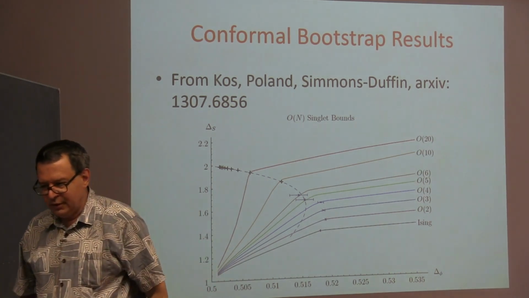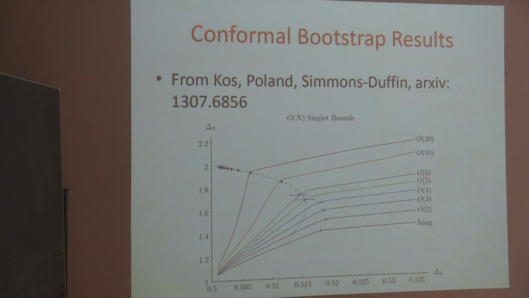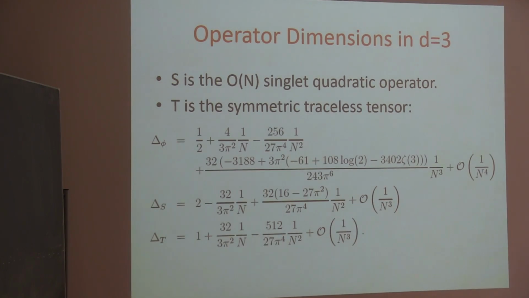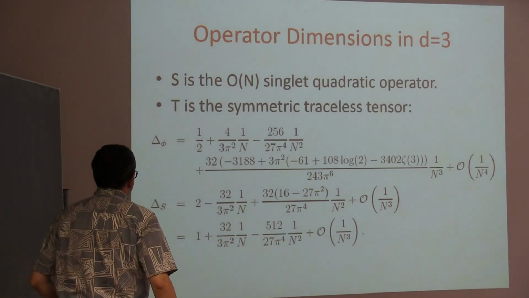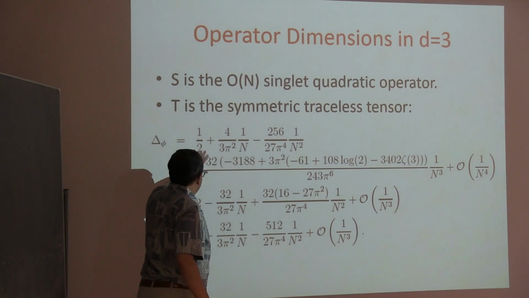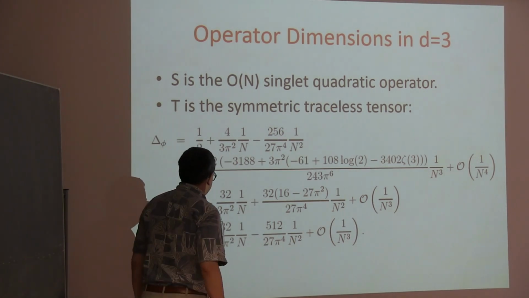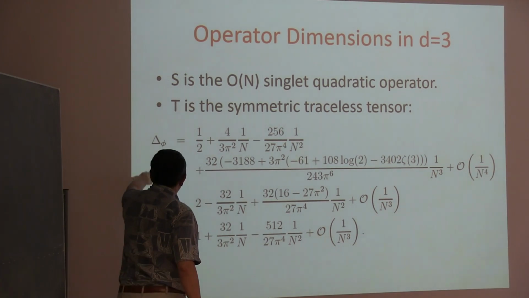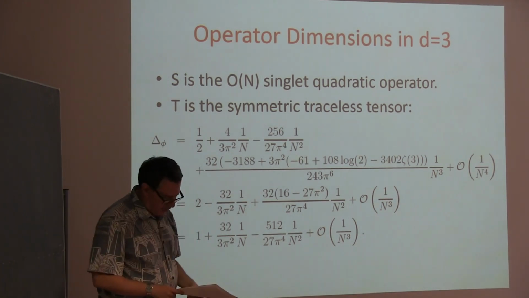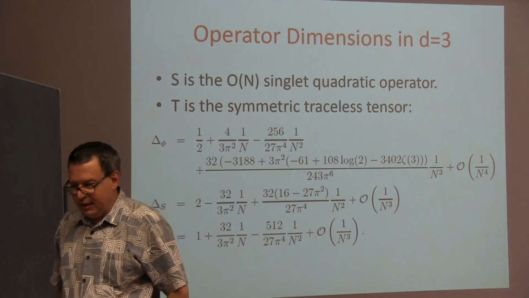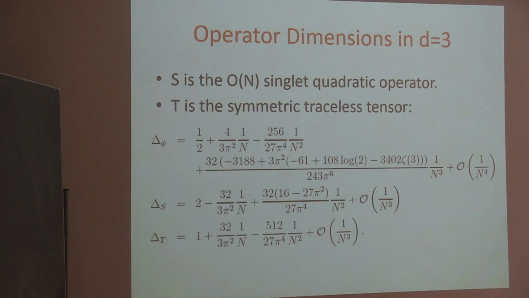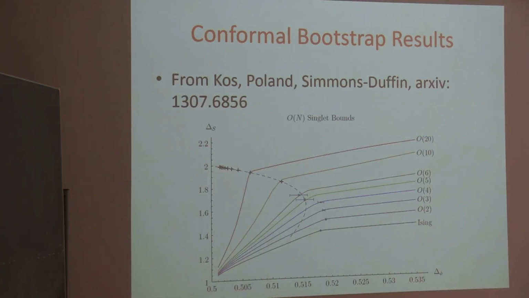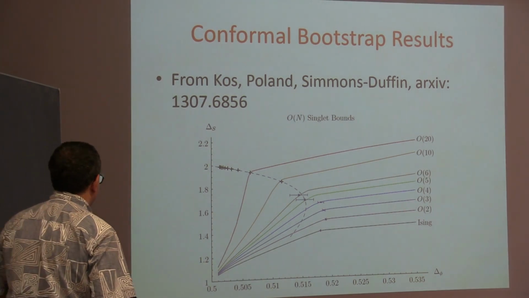So in particular, they basically took these things, evaluated them for n equal to 10, 11, 12, and plotted delta phi versus delta s. And you see that the positions of these bootstrap values are extremely close to 1 over n perturbation theory.